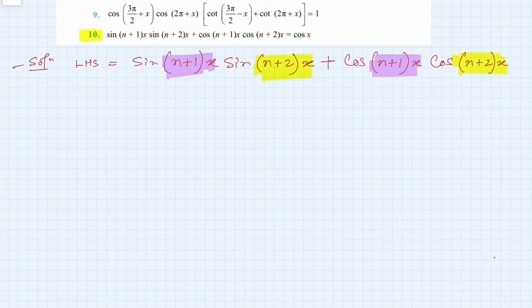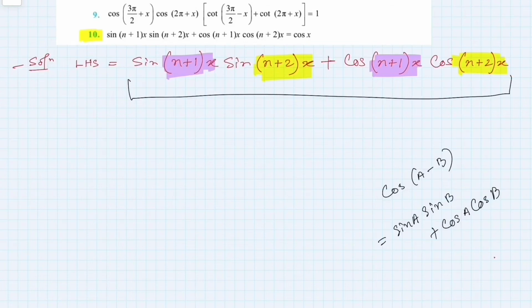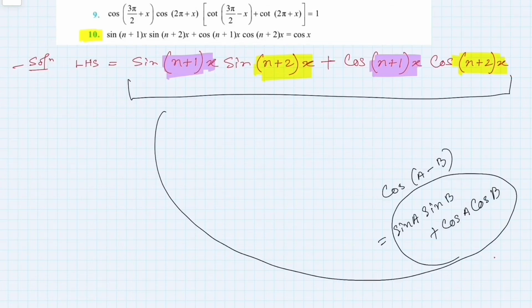Okay, so we know that cos(A − B) is equal to sin A sin B + cos A cos B. Okay, now if you observe this left hand side, it is in this form.